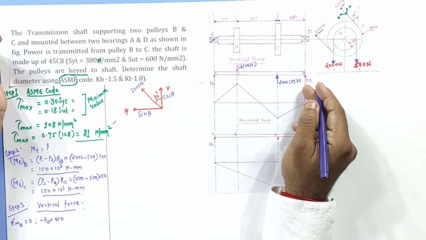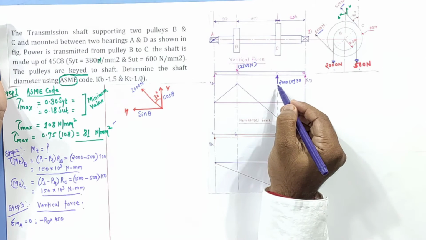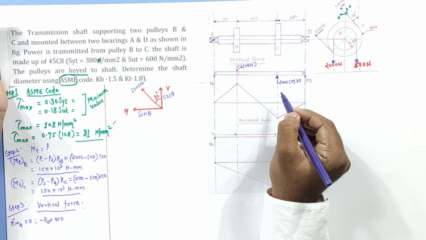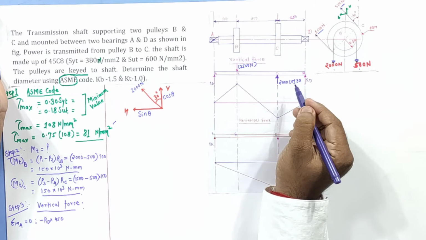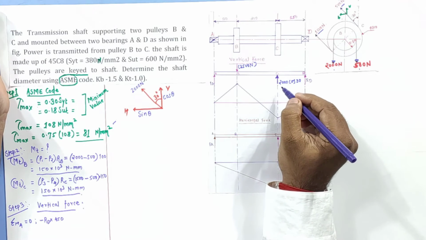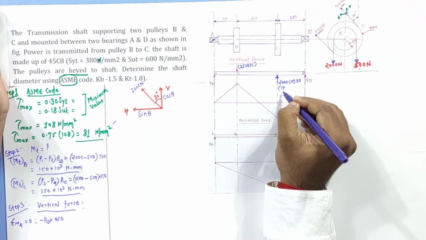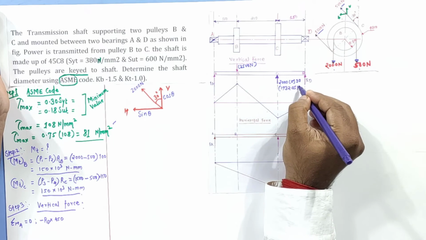Clear? Okay, is this clear? RD. After that, we'll have to see the force 2000 cos of 30, which is again acting in the upward direction. So we'll have to take a minus. 2000 cos of 30, I will convert with the calculator, and it will come around 1732.05 Newton.